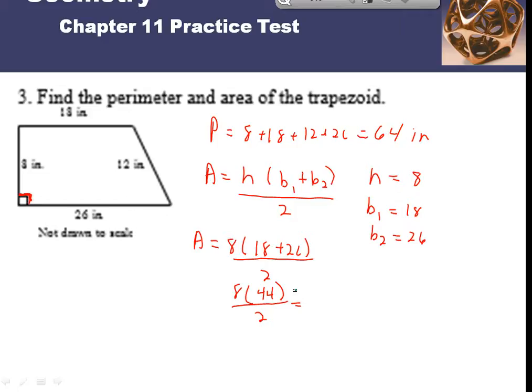So 22. What's that? 176? 8 times 44 divided by 2. Yep, 176. So this would be whoa. Wait, let's fix that.